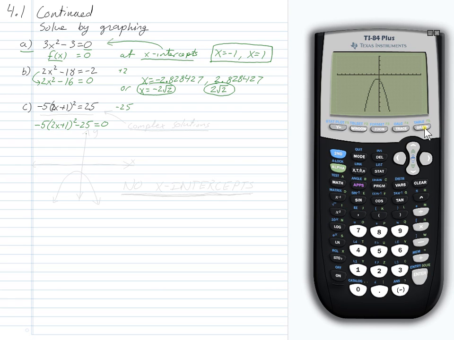Okay. So we have a pretty extreme window, but now we can see our graph. And notice, if I were to plot this, my graph appears to lie entirely below the x-axis. In particular, there are no x-intercepts.